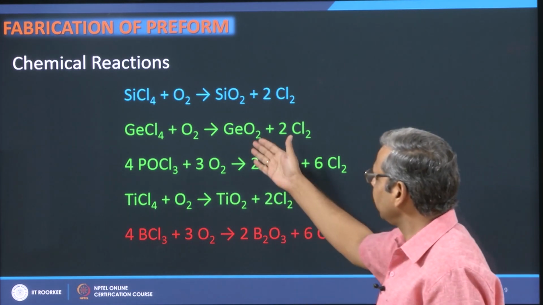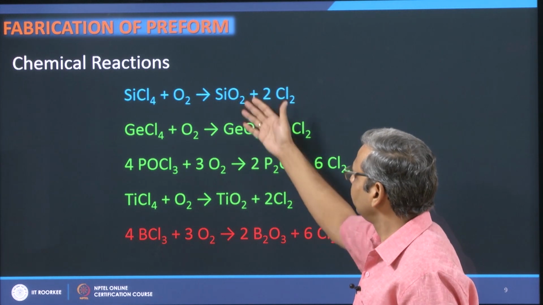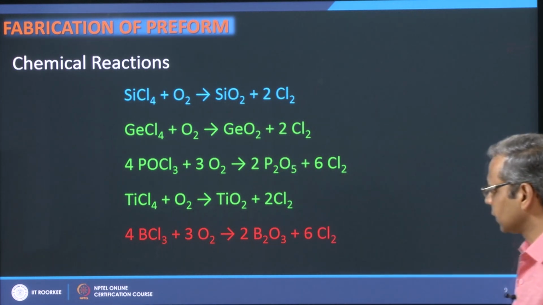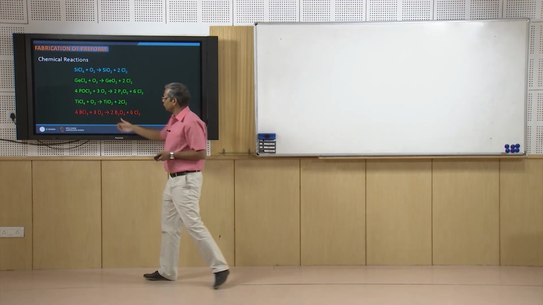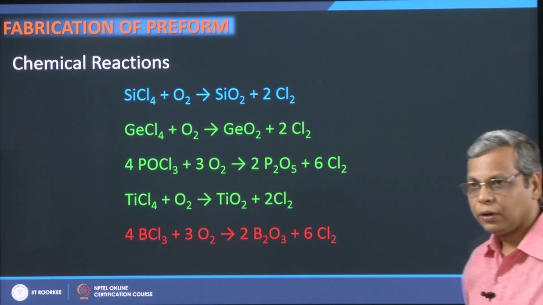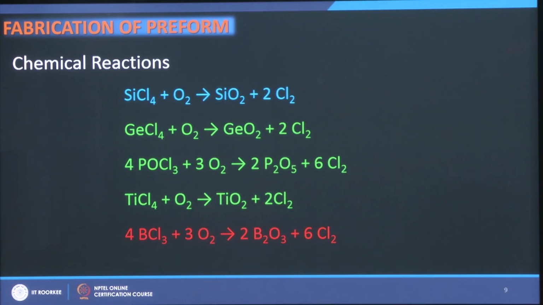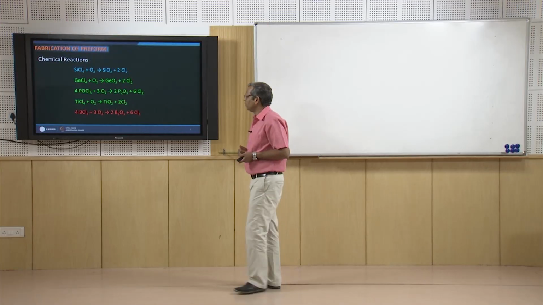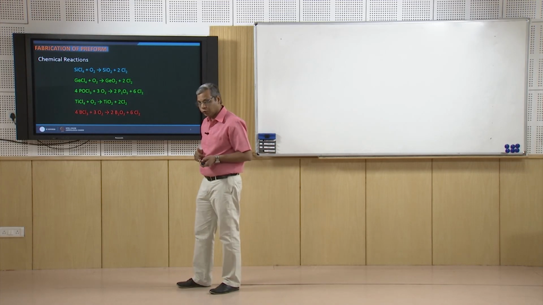Then you make germania, and this is doped in silica glass. Similarly, you can use phosphorus, titanium, and boron or fluorine. So these are some chemical reactions which are used while making glass and doped glass.